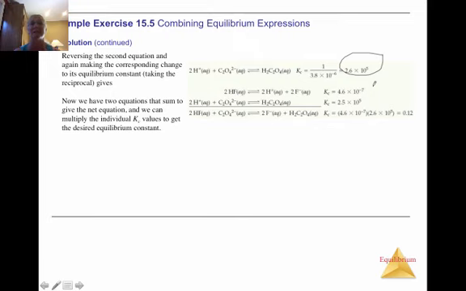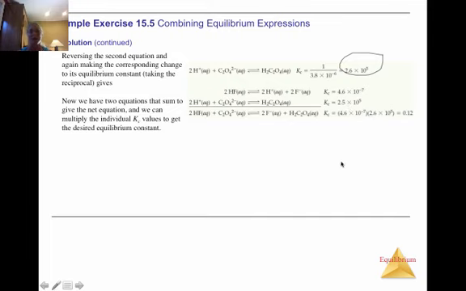But regardless of the numbers being wrong, when you're summing 2 equations and you're going to use the 2 equations together to get the goal equation down here at the bottom, then the rule is you multiply each of the KQs or KCs times each other. There's the one that was squared, I think, and that's the one from the second expression, that's the one that we took the inverse of.